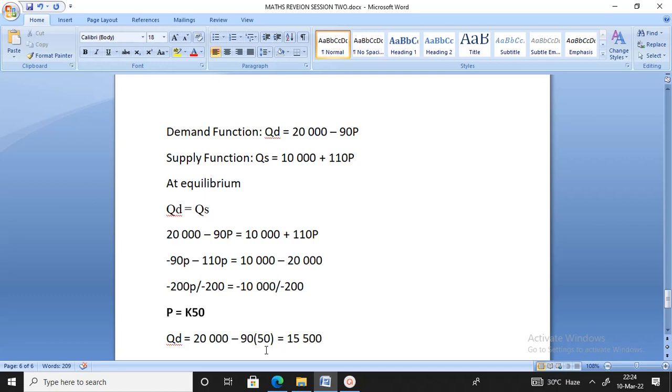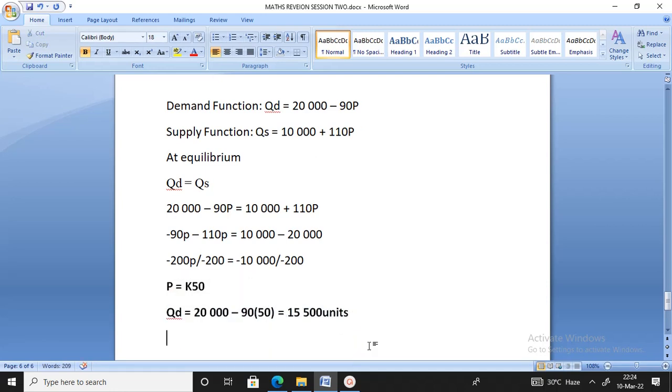Take that from the 20,000, and you have 15,500 units. So these are the units that are going to be demanded and of course supplied, because that's the equilibrium point. All right, so the equilibrium price is 50, the equilibrium quantity is 15,500.